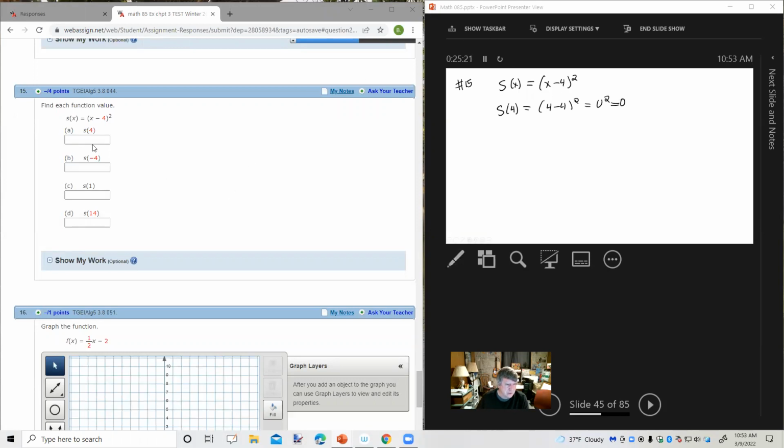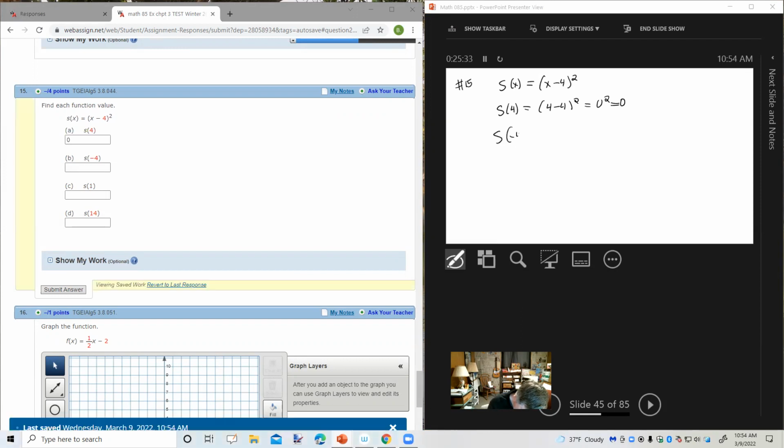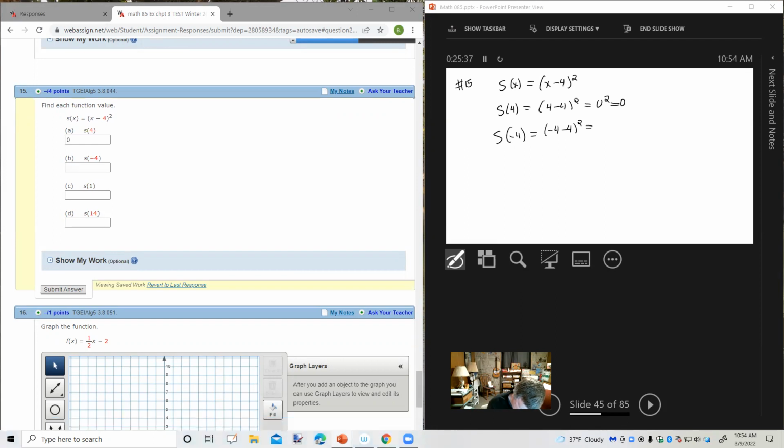So that's going to be 0. Okay. Then we've got S of -4, which is -4 minus 4, the quantity squared, which is -8, the quantity squared, which is positive 64.